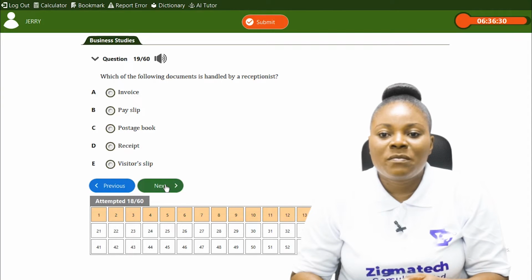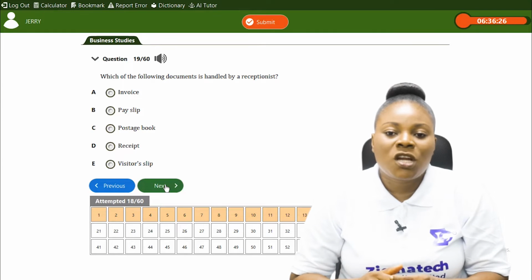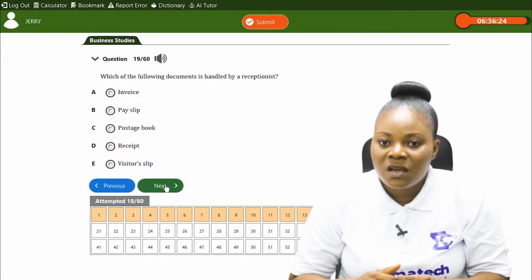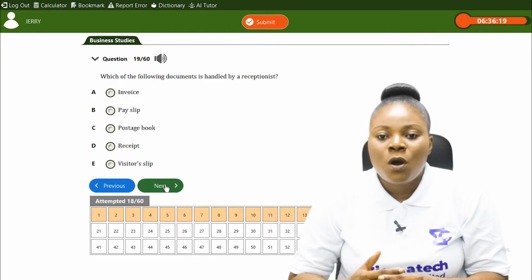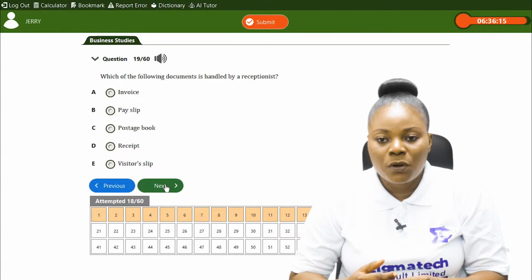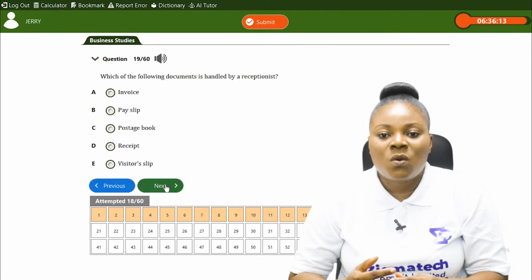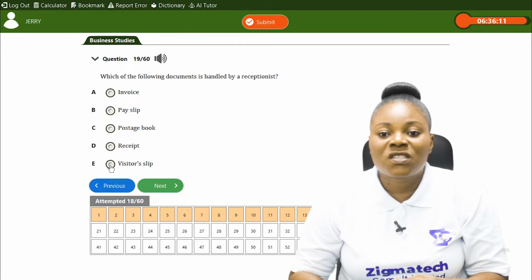Which of the following documents is handled by a receptionist? There are 4 major documents handled by a receptionist. Option A, is it invoice, or payslip, or postage book, or receipt, or visitor's book? The answer to this question is the visitor's book, or the visitor's slip.